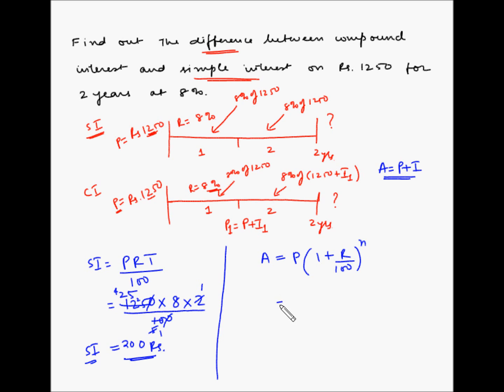So this is equal to 1250 into bracket 1 plus 8 by 100 to the power n, 1250, 1 plus 0.08 to the power n, which is actually 2.